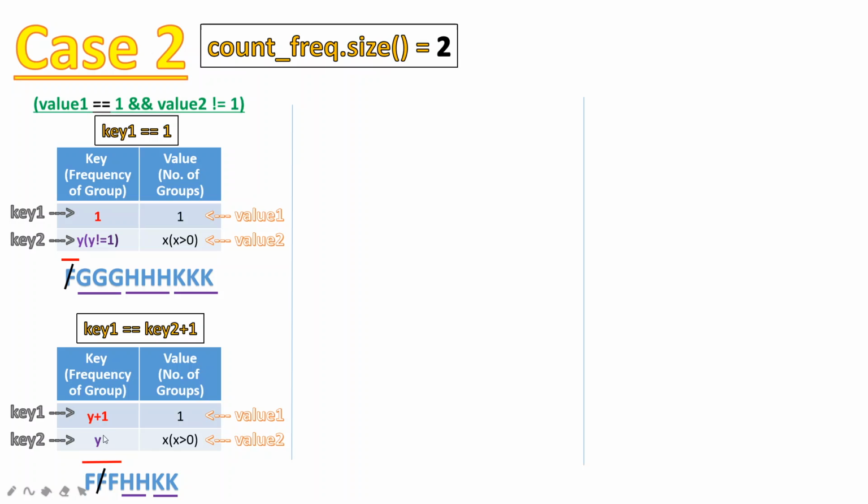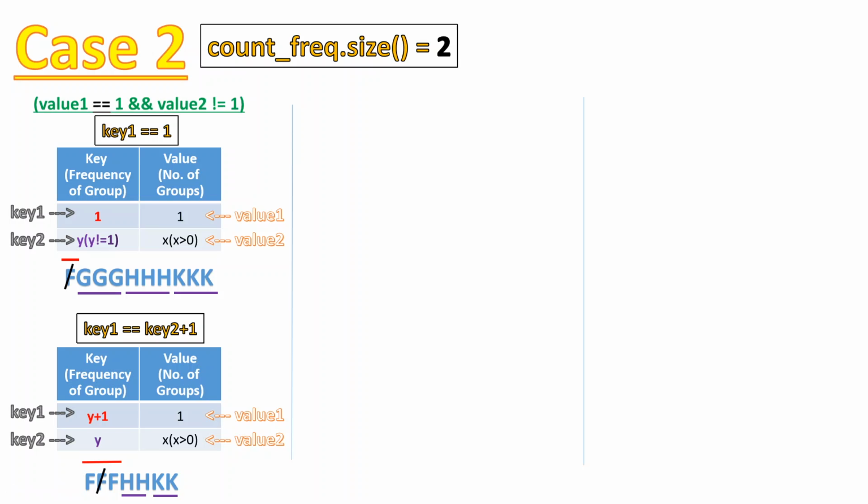To do this, what we need to check is basically one thing: if value 1 is equal to 1 and the corresponding key, that is key 1, is greater than key 2, and specifically by 1. Why? We'll look into that later on.